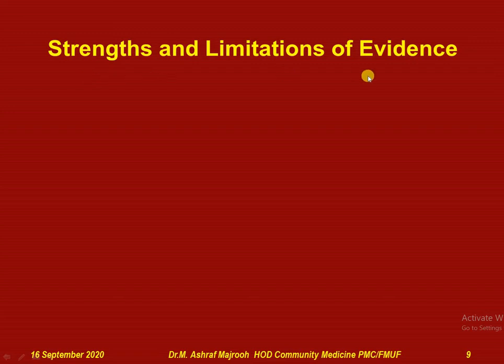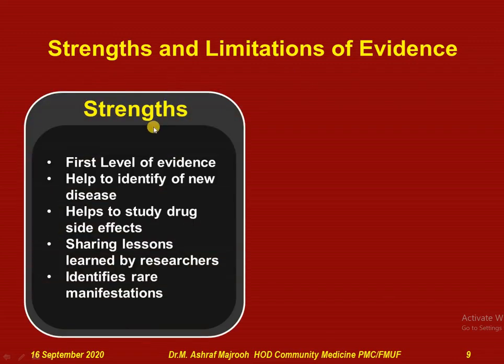The strength and limitation of evidence is very important to mention. The strengths include, first, it is the first level of evidence. It helps to identify new disease, helps to study drug side effects, sharing lessons learned by the researchers, identify rare manifestations.